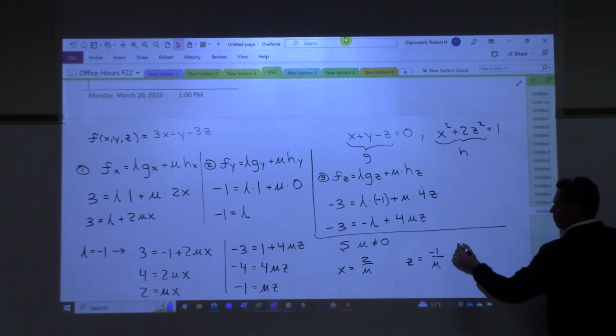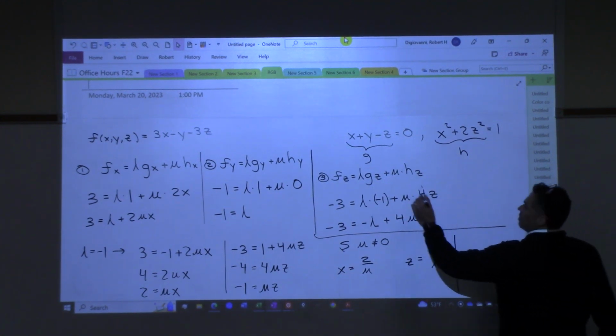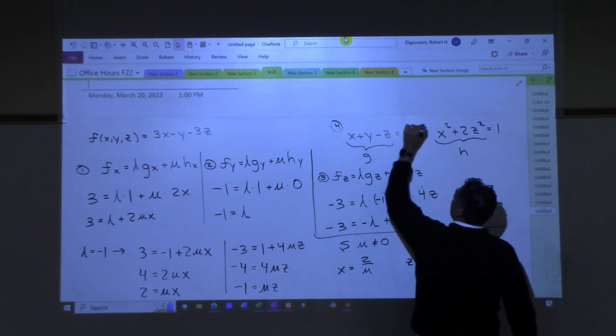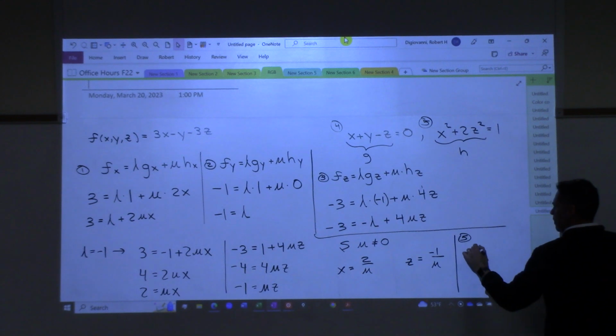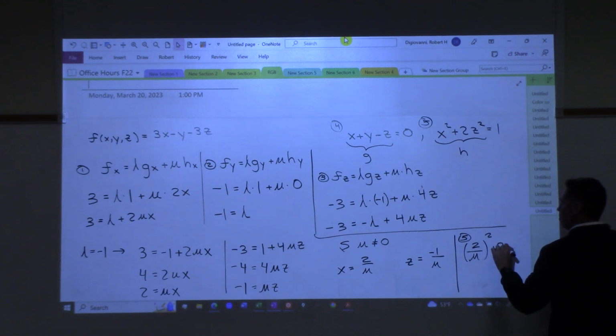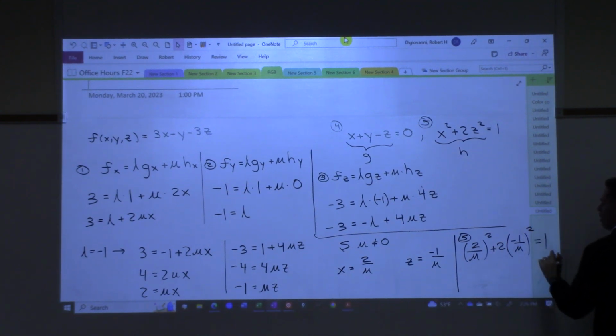So maybe I should be labeling this. This is equation 4, this is equation 5. So into equation 5, I get (2 over mu) squared plus 2 times (-1 over mu) squared equals 1.